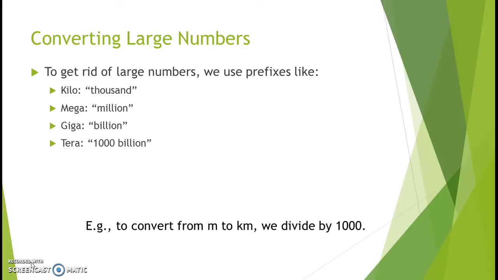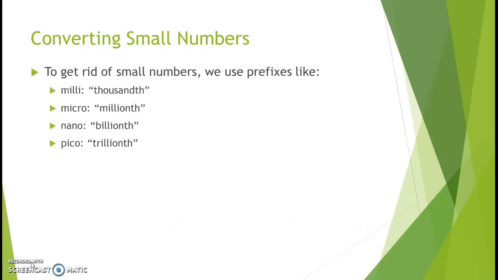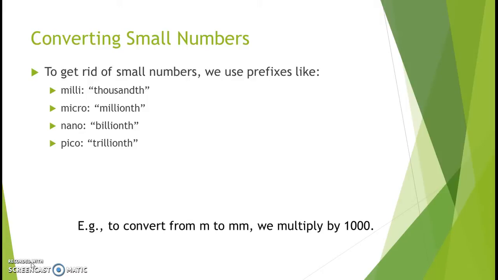And so if we want to convert from meters to kilometers, we'll divide by 1,000. If we want to convert small numbers, then we use prefixes like milli for thousandth, micro for millionth, nano for billionth, and pico for trillionth. And so to convert meters to millimeters, we would multiply by 1,000.